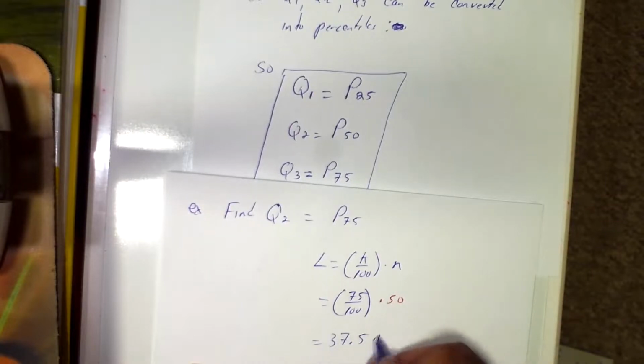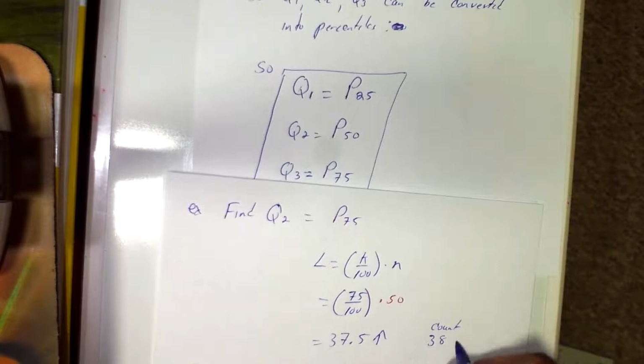I have to bump it up to 38. I'm going to count 38 spaces, and where you land, that's going to be our answer.